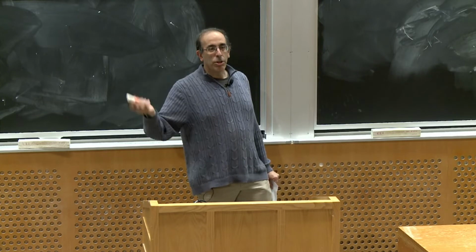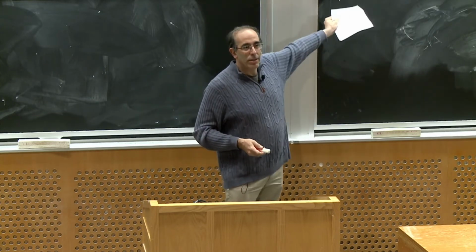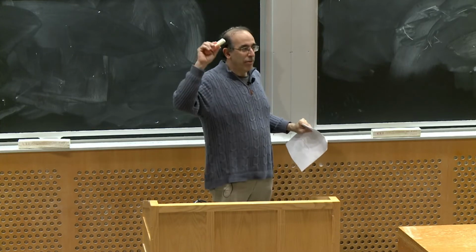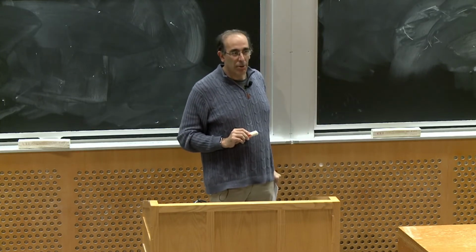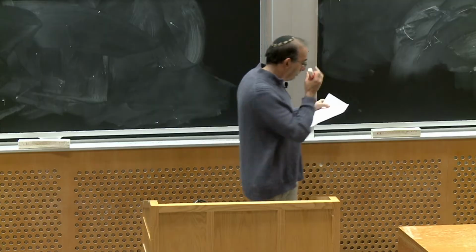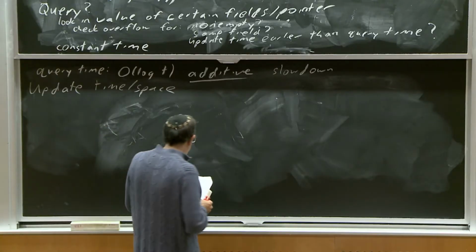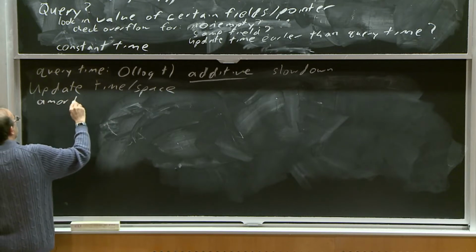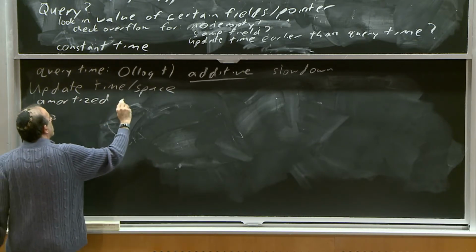And so we're going to have to multiply whatever our slowdown is or our space cost is by the number of primitive pointer updates that are performed. Okay? So what is that cost? Well, surprise, surprise, we're going to do an amortized analysis.